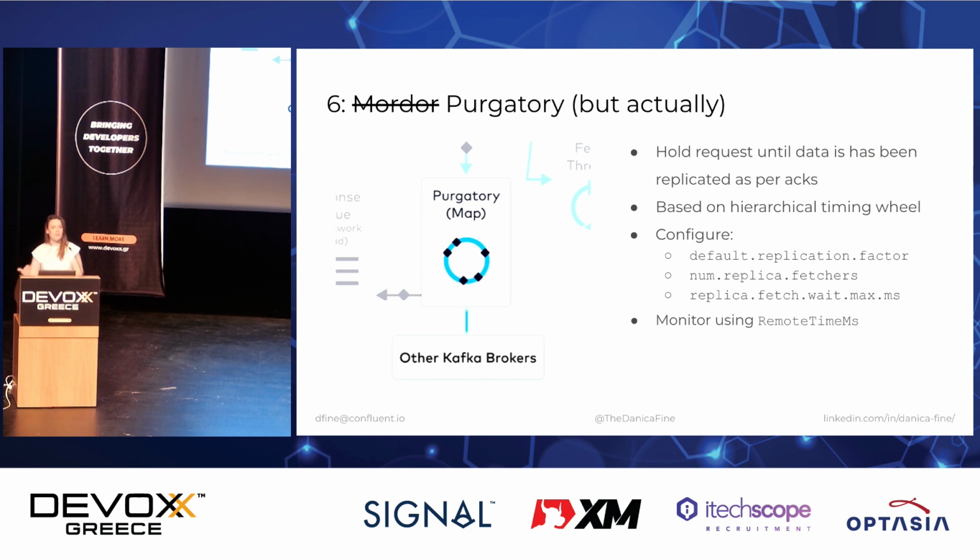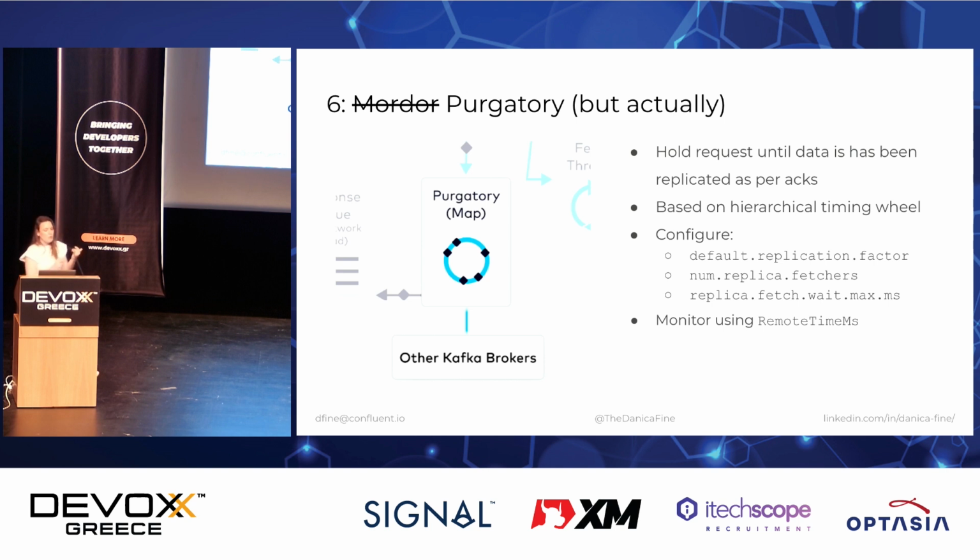We're going to wait for the followers to fetch that data. And so they'll do this intermittently, every 500 milliseconds. They're going to request to grab new updates for any of their copies that exist on that broker, and then store it on there. So the request is going to hang out in purgatory until we know that the data is effectively stored on the other replicas as well, okay?